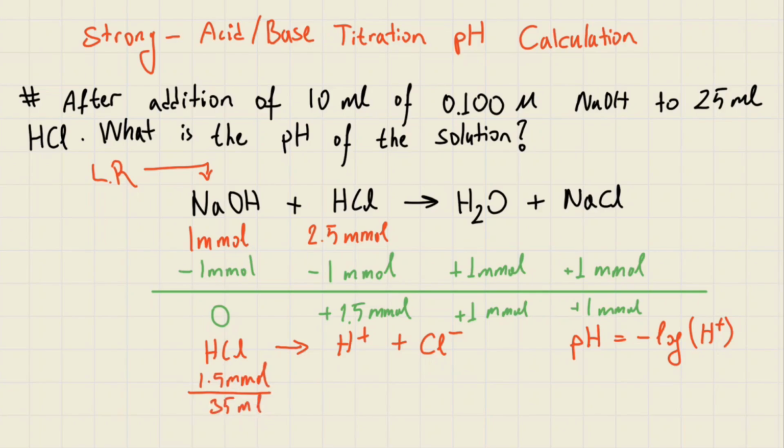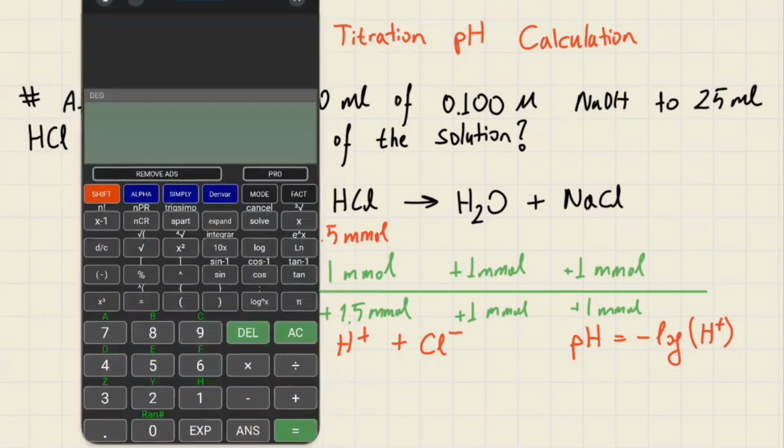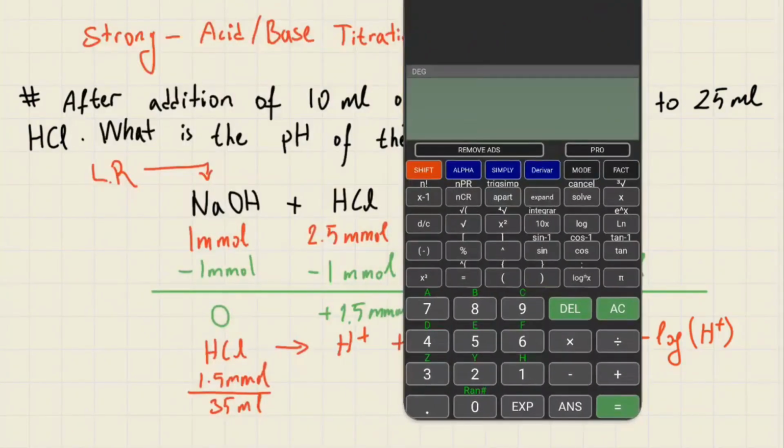which gives us molarity. If you calculate this value, 1.5 over 35, it is 0.0428, or maybe I can use 9.